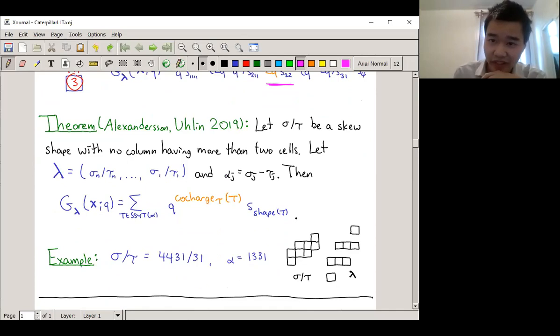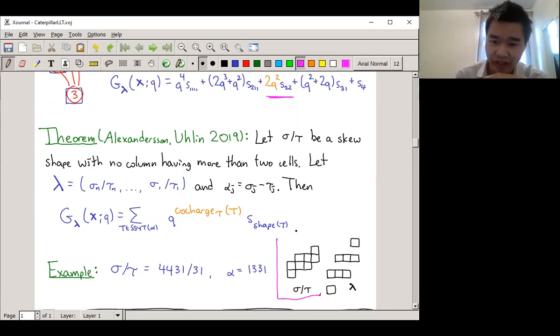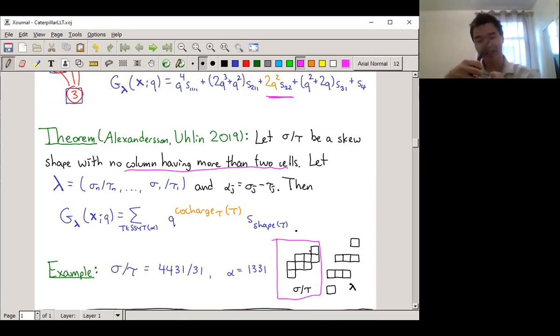So if I have a skew shape here, written in French notation, so from top to bottom, and no column has more than 2 cells, then what they do is detach the rows from each other and get this shape lambda here. And I just want to say that their theorem gives a formula for lambda that are of this form.